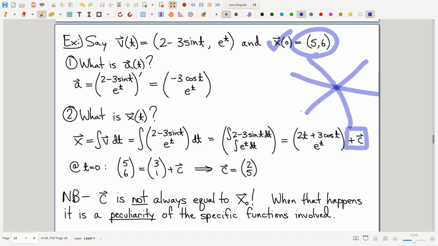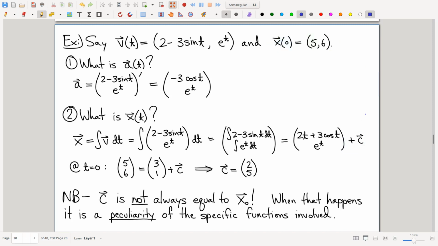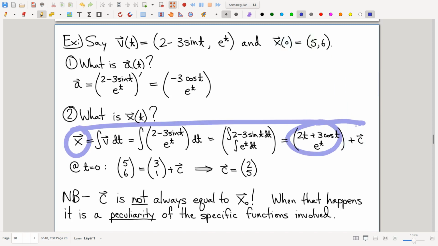So let me show you how this actually goes down. There's actually nothing to it, really. It's pretty straightforward how to deal with this. All I'm going to do is take this equation here with these three terms, and I'm going to plug in t equals 0 to all three terms in that equation.